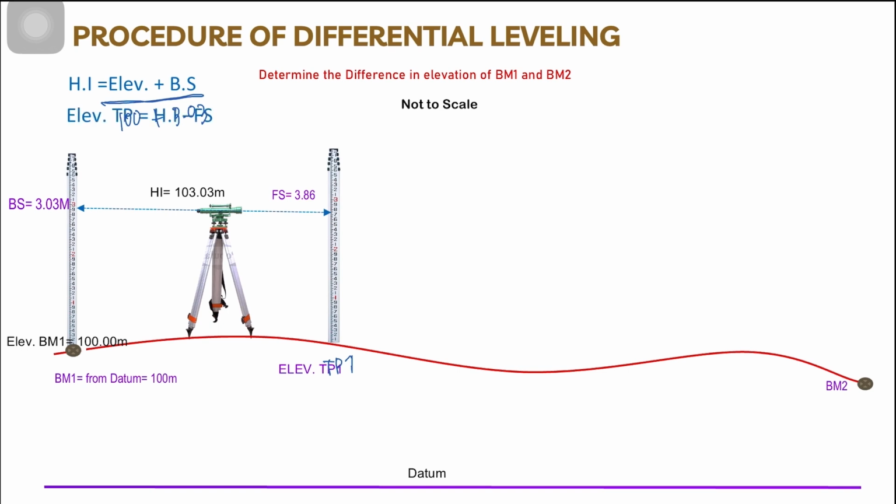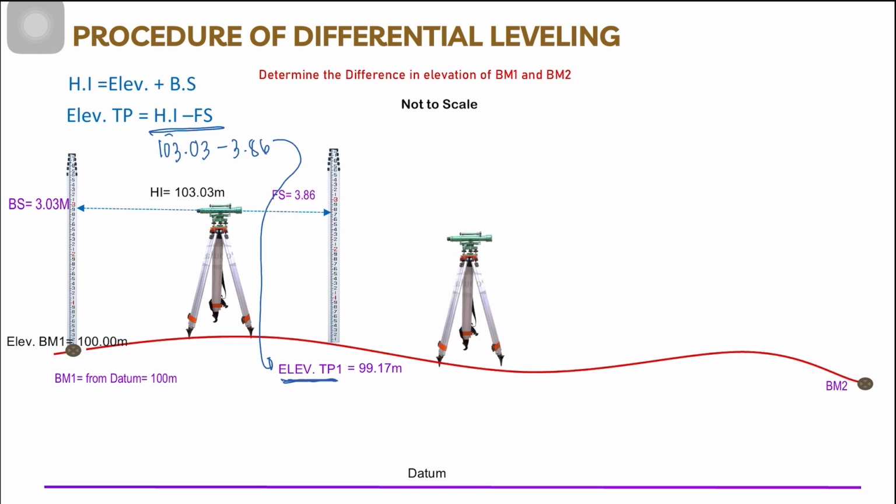Then to compute the elevation of turning point, you'll use this formula: the height of the instrument minus the foresight reading. So the elevation of turning point 1 is equal to 99.17, since the height of instrument is 103.03 minus 3.86 equals 99.17 meters.